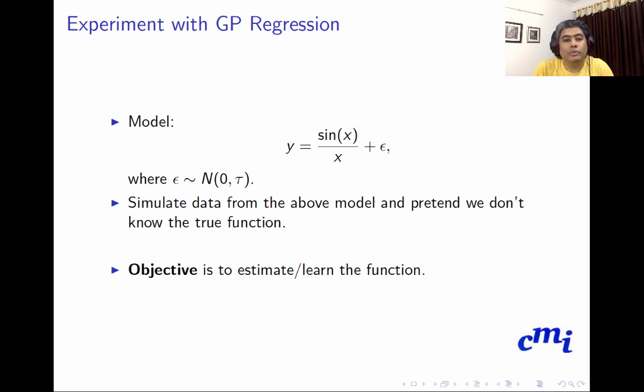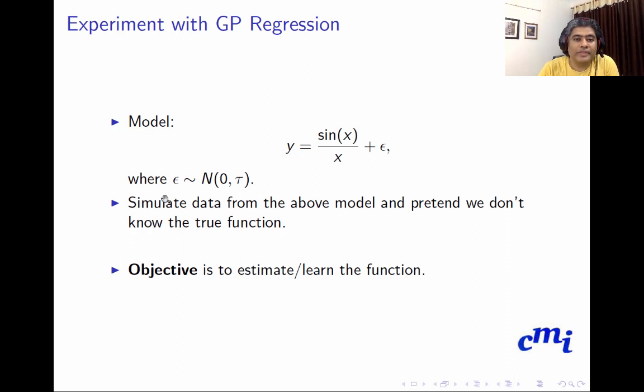Now I will show an experiment with GP regression, how good this GP regression is, and why it is so popular. We will consider a single x and single y. We consider this simple function, y as a function of sine x by x. You can see that by its very nature it has a very non-linear behavior. It doesn't have anything to do with linearity, plus some noise, and the noise is coming from normal 0 tau.